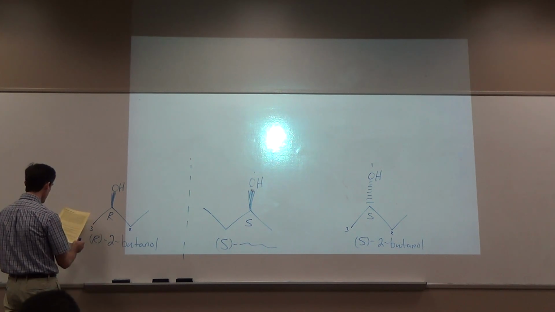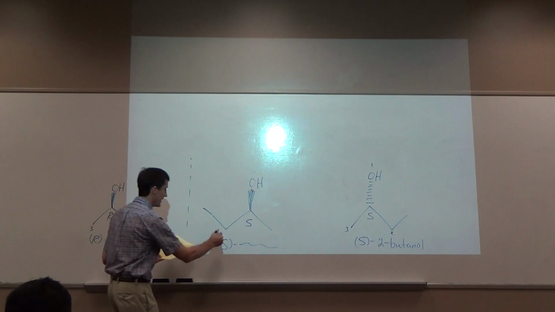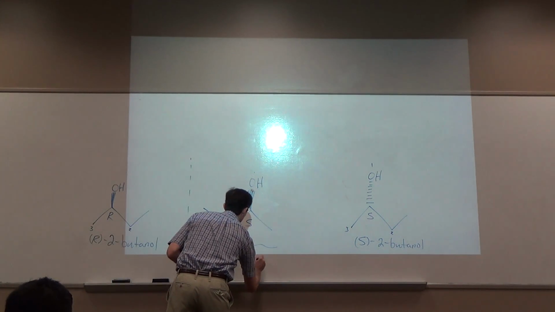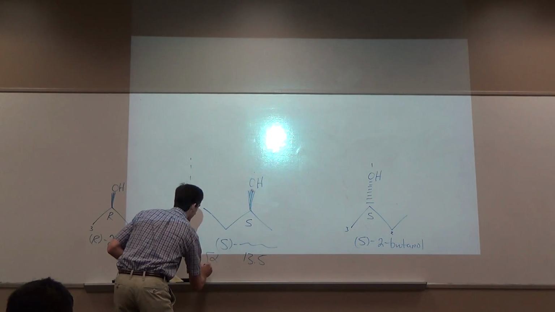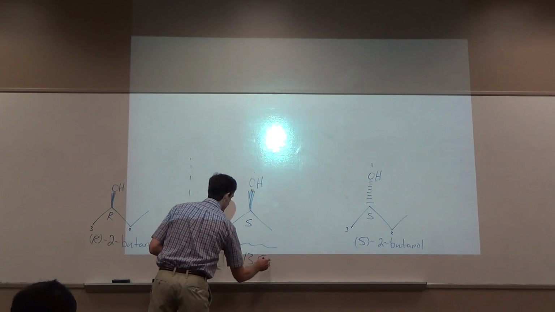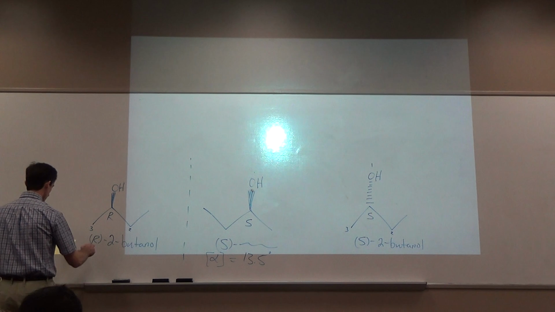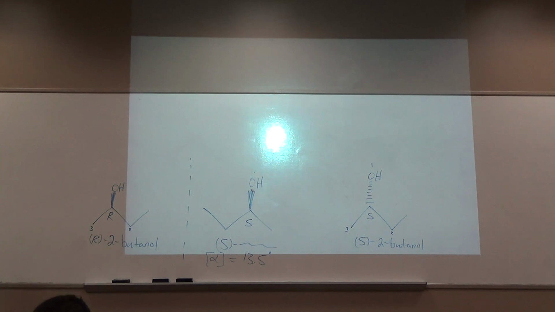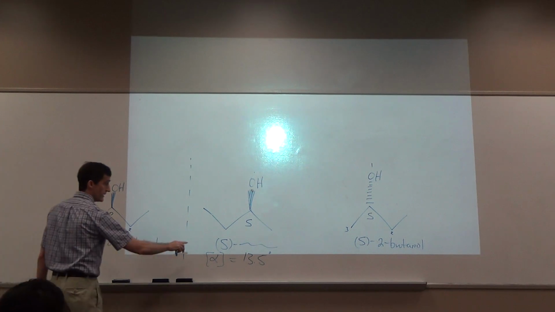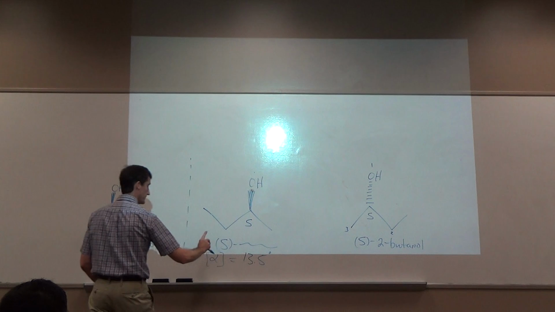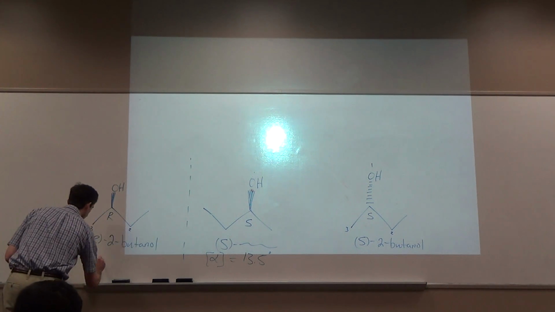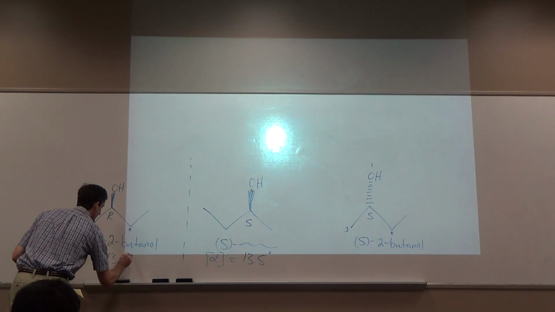It says here, specific rotation for S is 13.5. That's alpha in brackets. Specific rotation equals 13.5. You put degrees here. That's the rotation for S. The R, in enantiomers, rotate equal and opposite directions. So that's 13.5 degrees positive. This is negative 13.5 degrees.